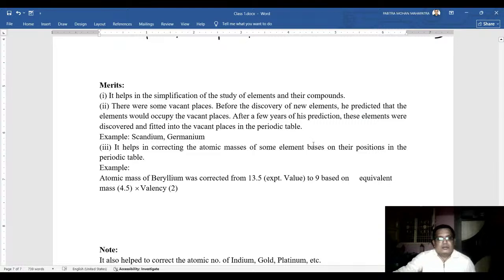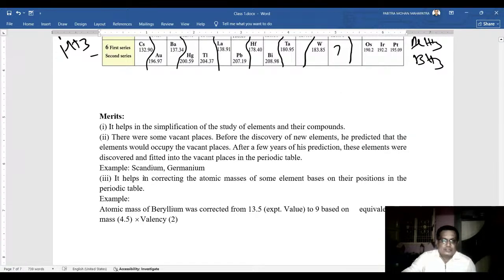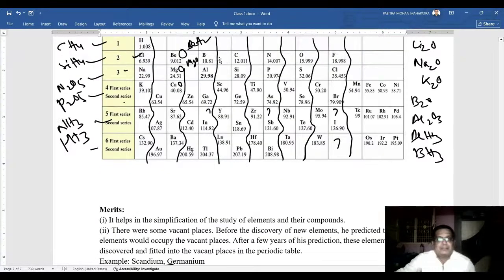Next, you can think about scandium and germanium. When Mendeleev prepared the periodic table, for scandium and germanium, actually, there was a vacant place here and here also. Mendeleev's prediction of the discovery of new elements is a very important merit.